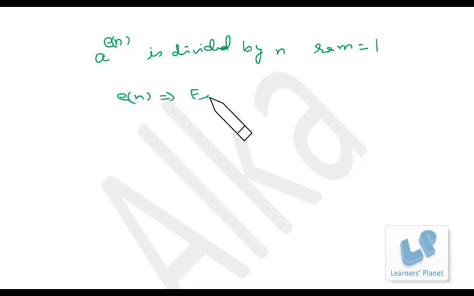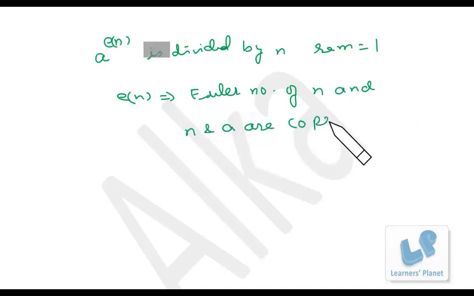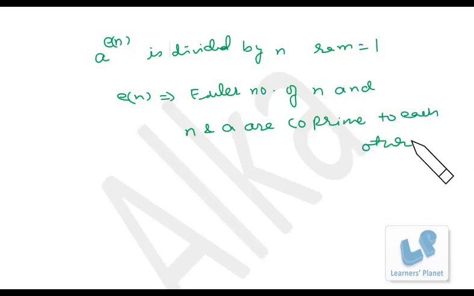That is the Euler number of n, and n and a should be co-prime to each other. And if you multiply this number by any other integer, suppose x, then also the remainder will be 1.